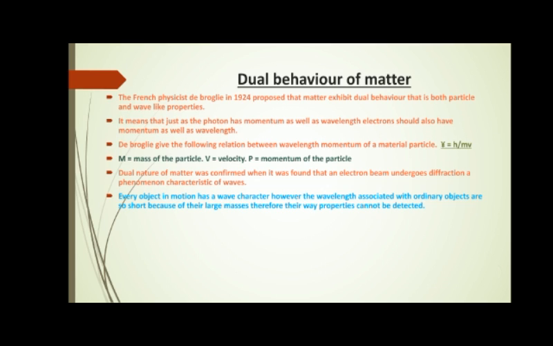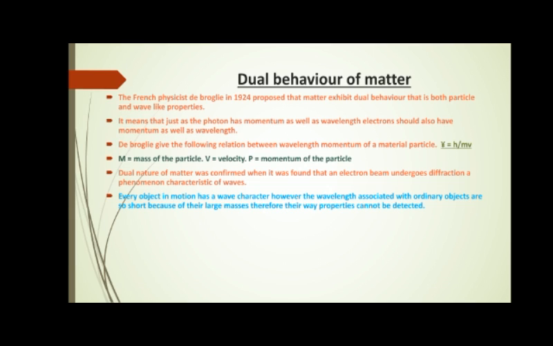Now let us study a very interesting topic, dual behavior of matter. The French physicist de Broglie in 1924 proposed that matter exhibits dual behavior, that is both particle and wave-like properties. It means that just as the photon has momentum as well as wavelength, the electron should also have momentum as well as wavelength.